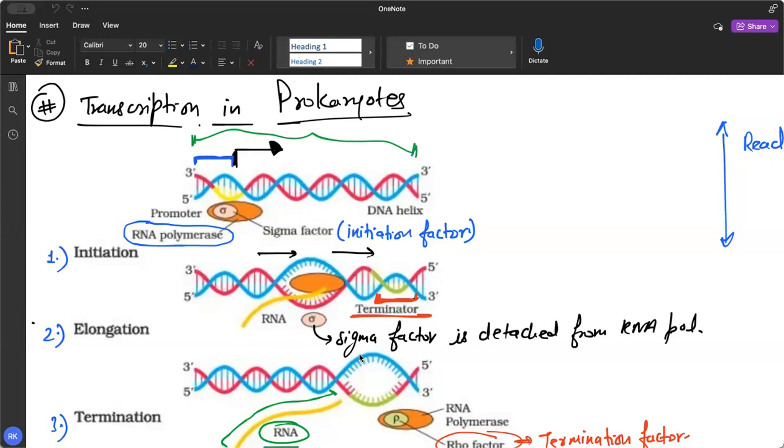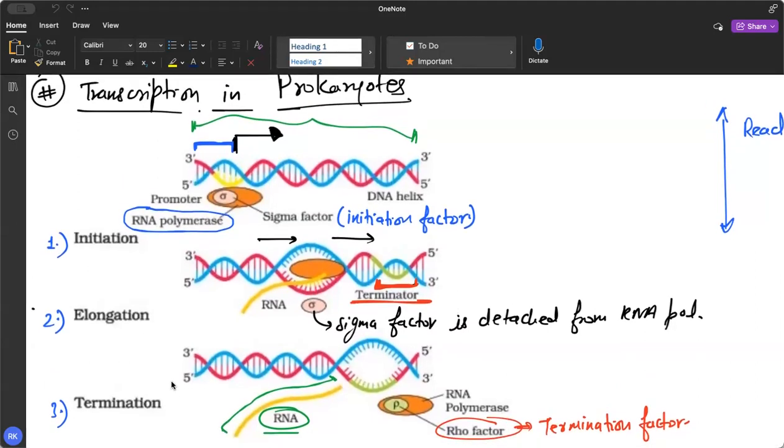Now, if you remember, we talked about how the gene is structured in prokaryote and eukaryote. Do you remember that? So I think in eukaryotes we have split genes, whereas in prokaryotes we have non-split genes.